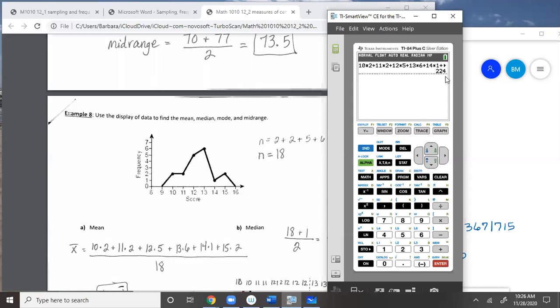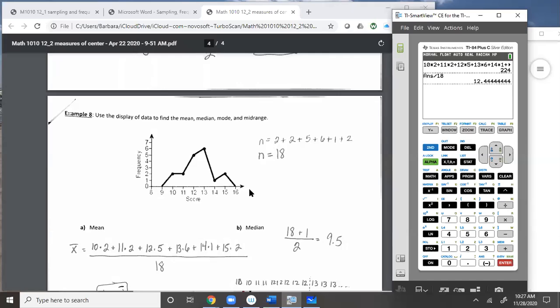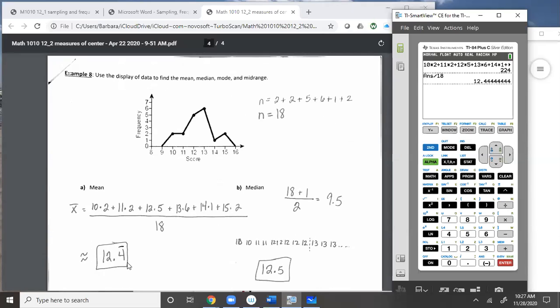Now we get the numerator first, which is 224, and then we're going to divide by 18, and we get 12.44. So the mean is 12.44, or 12.4 repeating.